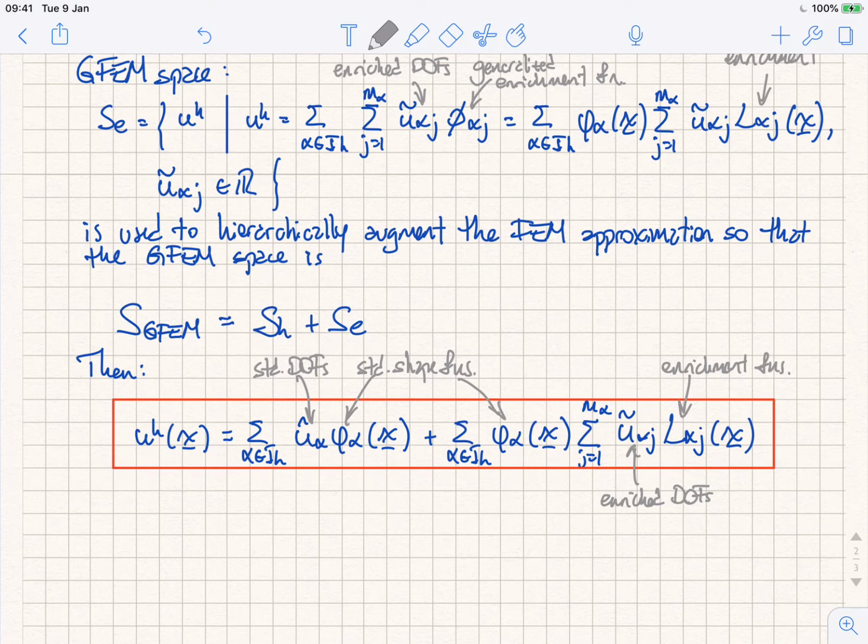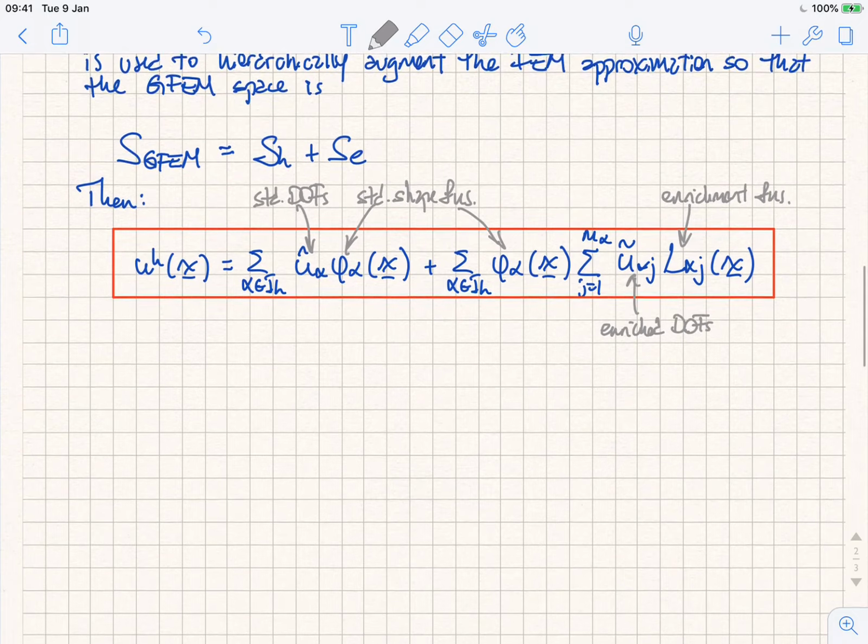In the discontinuity-enriched FEM, which is the method that we put forward for modeling fracture, we did assign a physical meaning to the enriched degree of freedom to represent the jump in the displacement. But normally in GFEM, those enriched degrees of freedom do not have a physical meaning.